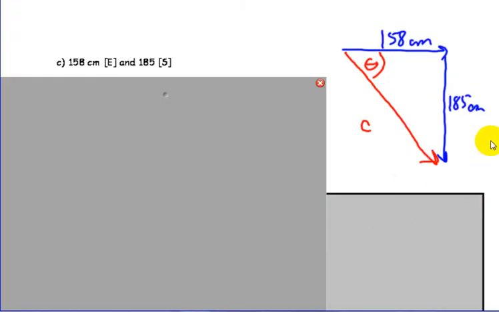And I have one more here for you to do. I started it for you. 158 centimeters east and 185, I forgot to write the centimeters in there, so just slide that in there, centimeters south. You can pause the video right now and see if you can figure that out.